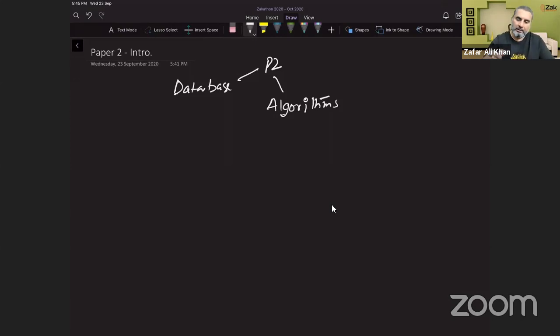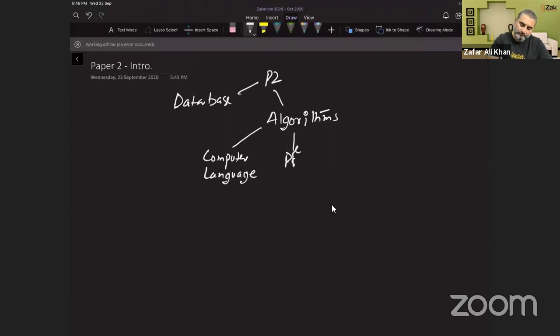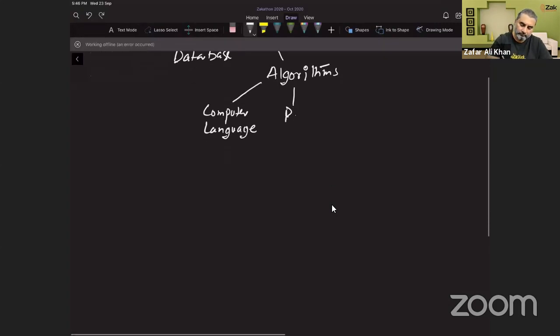So that thing which is in a structured form might be a computer language, might be a pseudocode, or flowchart.